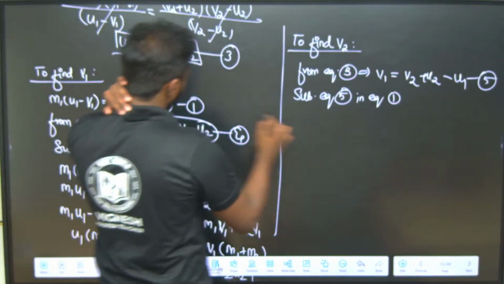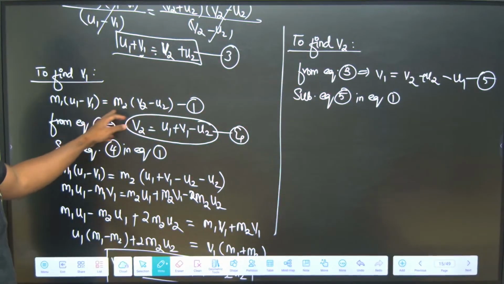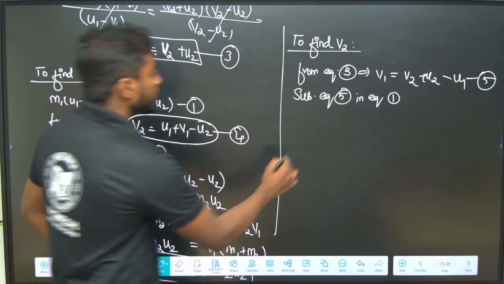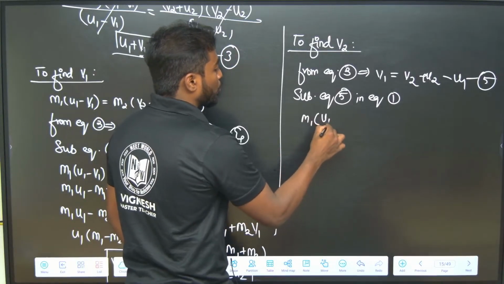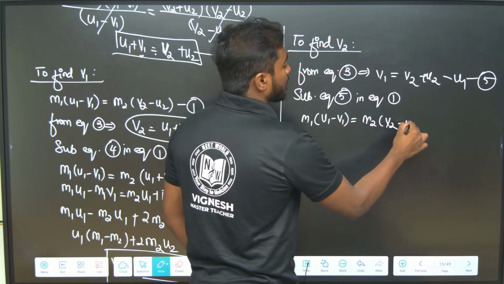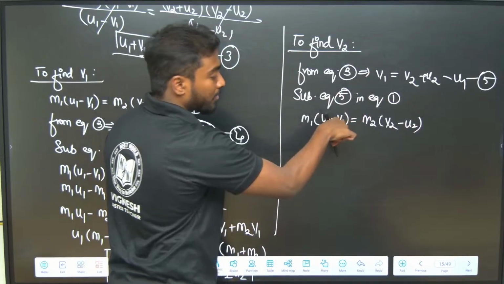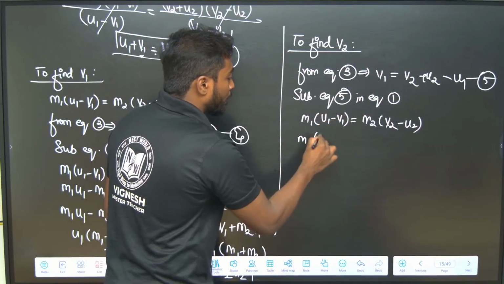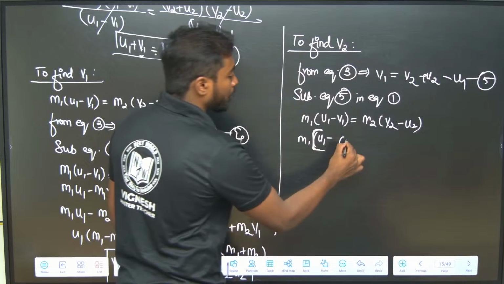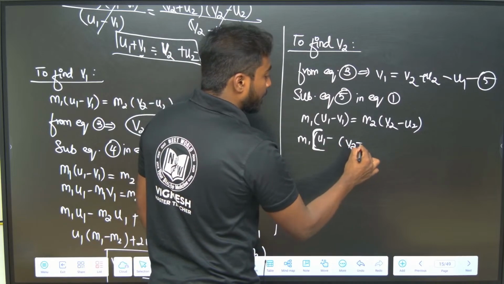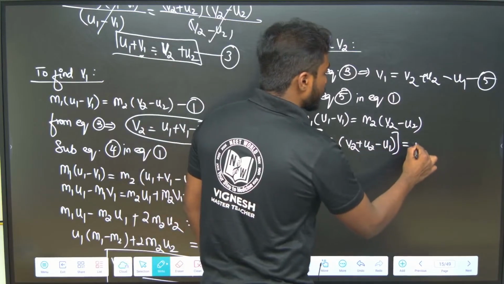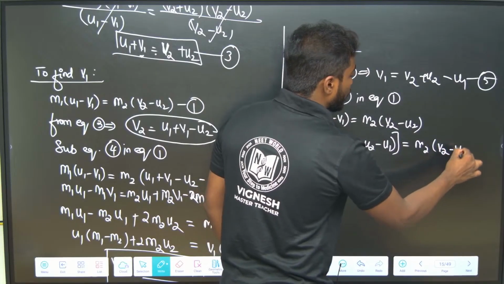What is equation 1? It is m1 of u1 minus v1 equals m2 of v2 minus u2, right? So what is v1? Substitute here. m1 of u1 minus, in a square bracket, v2 plus u2 minus u1, close the bracket, equals m2 of v2 minus u2.